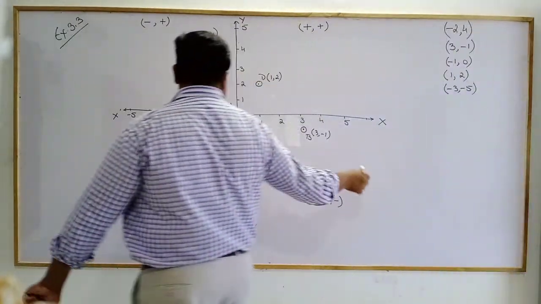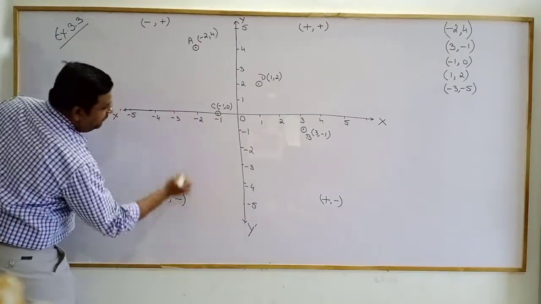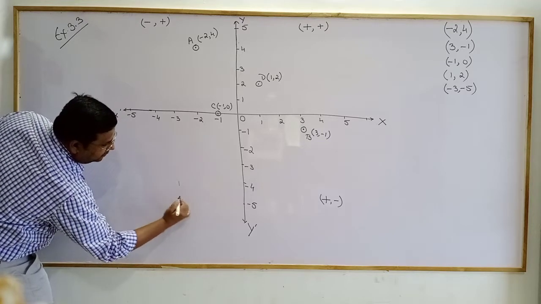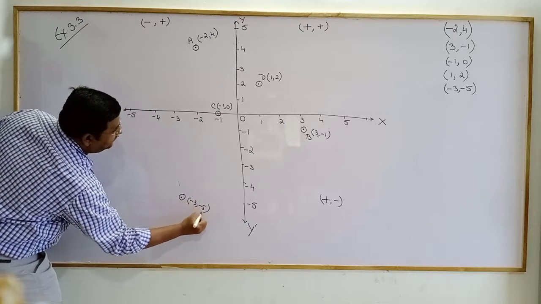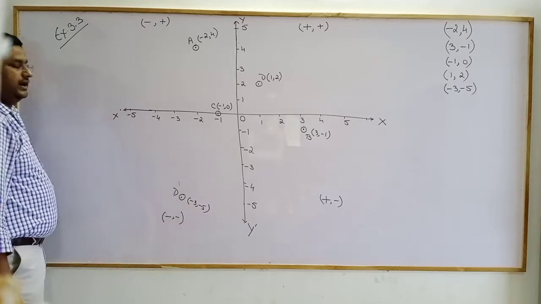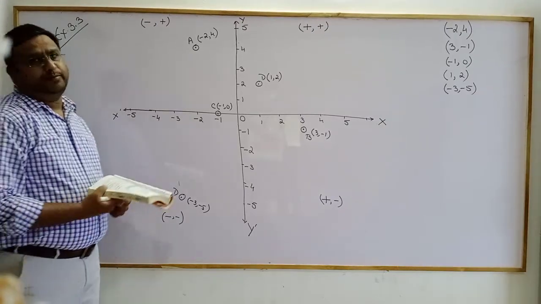X is -3 first, and then y is -5. So it will come down here. Yes or no? -3, -5. That is point D. Correct? Clear? So this was your first one, location of the points.